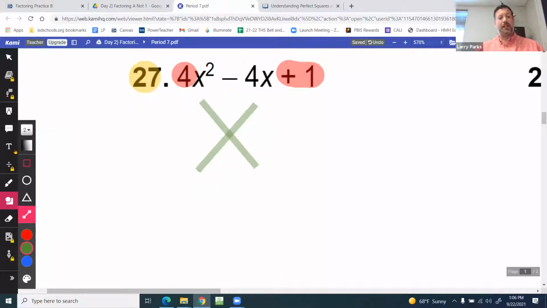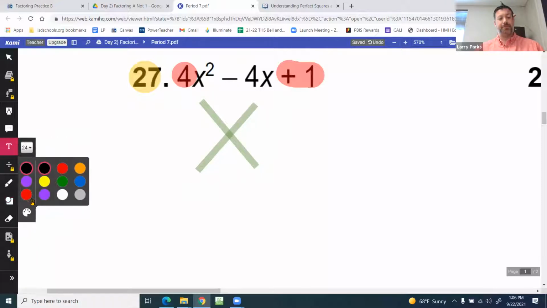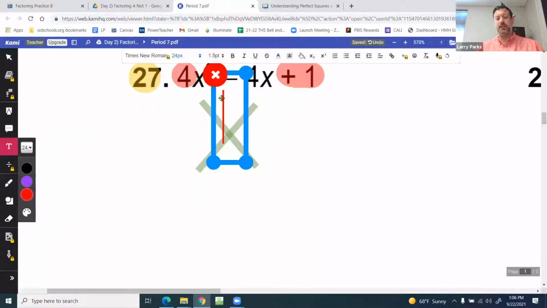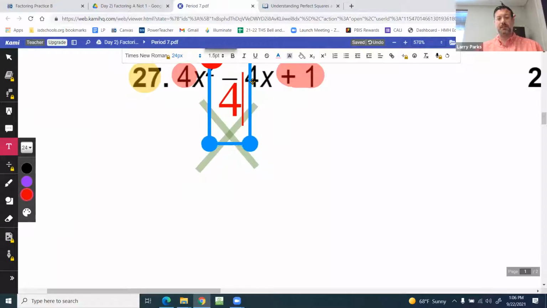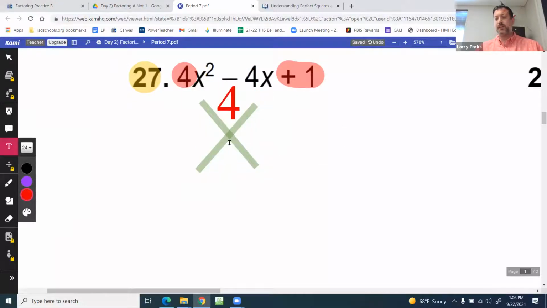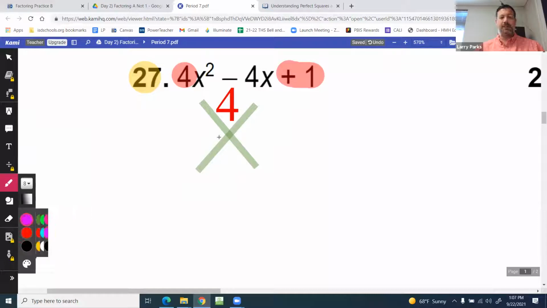And that's going to go on top. 4 times 1 is 4. So again, I took this number times that number. 4 times 1 is 4. I still copy down this number down here. I still put that on the bottom. That's still -4.